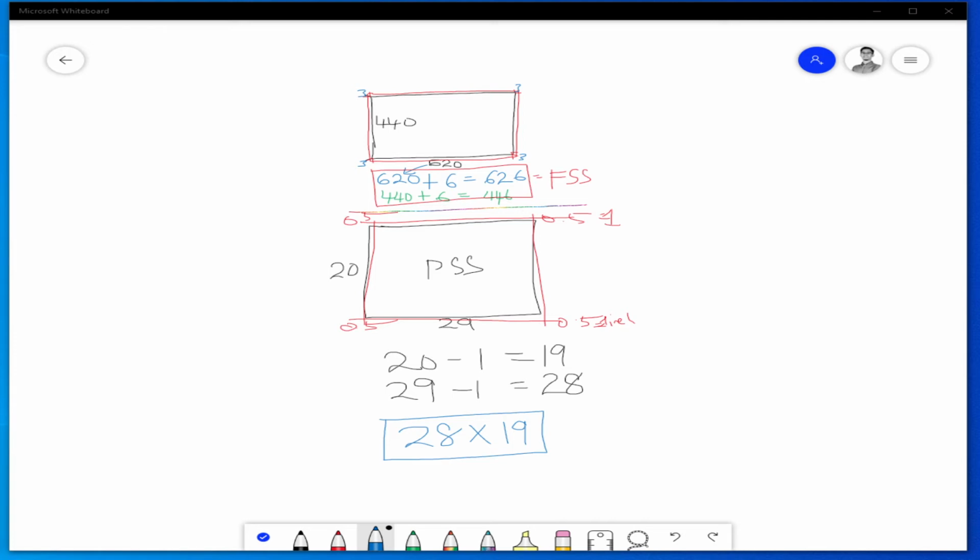Itu merujuk kepada orientation. Okay, katalah what is our parent sheet? Parent sheet kita tadi berapa? Okay, 40. What is our size? 21 kali 12, your PSS, right? 21 kali 12 kan, Halim?